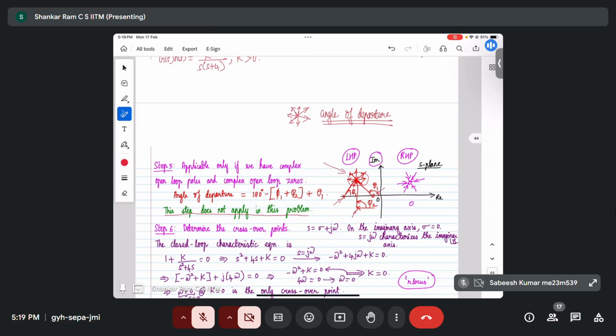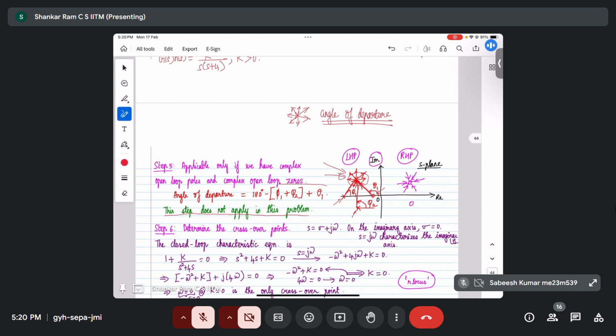We draw one vector which makes an angle phi 1, and another vector which makes an angle phi 2. Then from this open loop zero, we draw another vector which makes an angle theta 1 with the real axis. Now, all these angles should satisfy the angle condition in the direction in which the branch starts from this complex open loop pole, right?